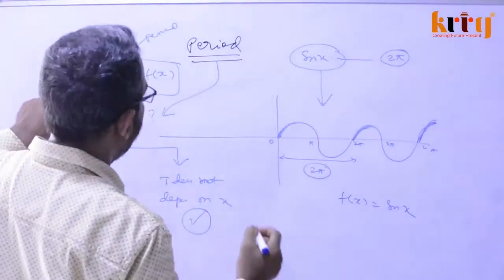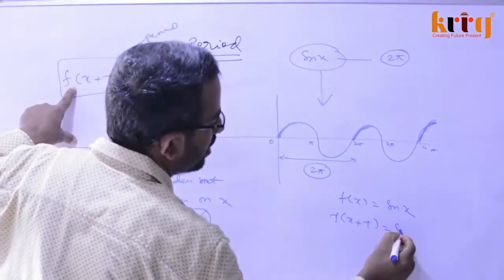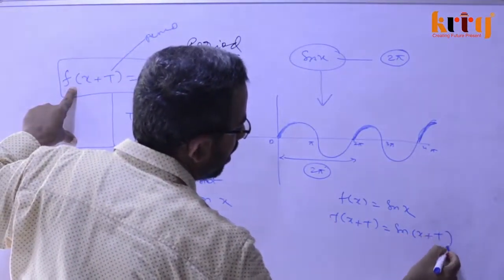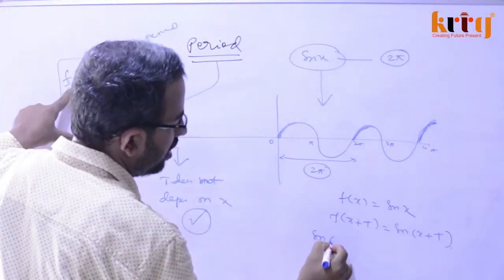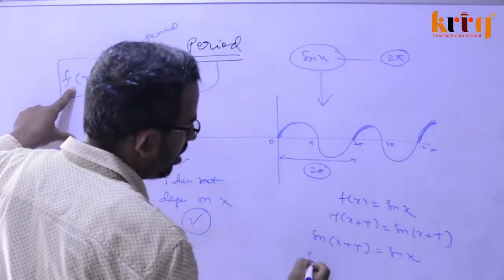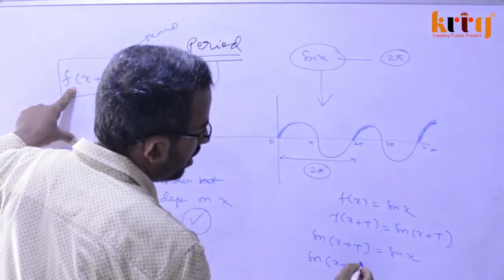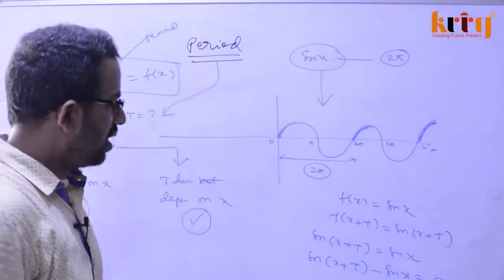If you want to use this formula, f of x plus t is sin of x plus t. According to the formula, we have to equate these two: sin of x plus t is equal to sin x, or sin of x plus t minus sin x equal to 0.